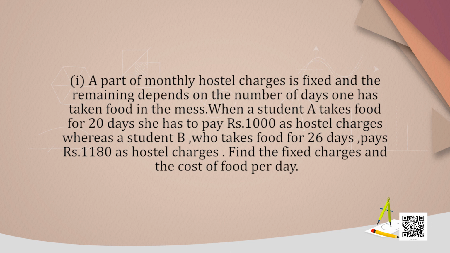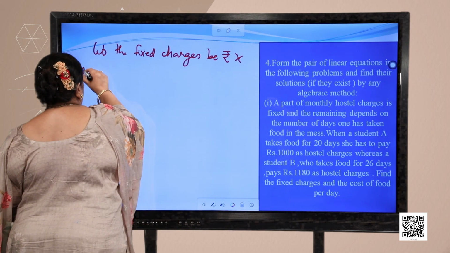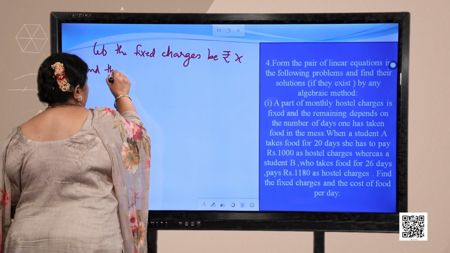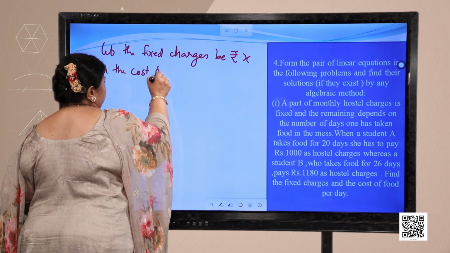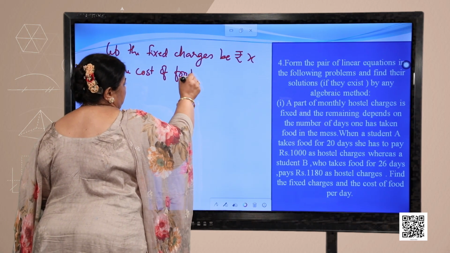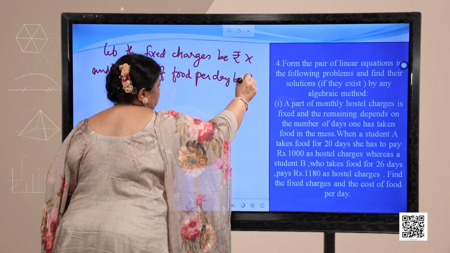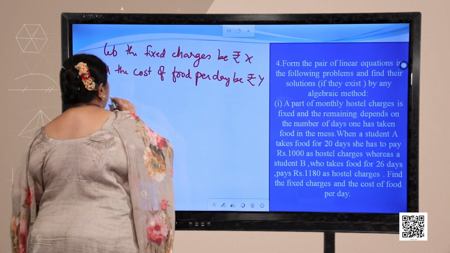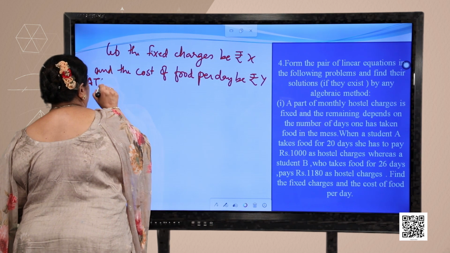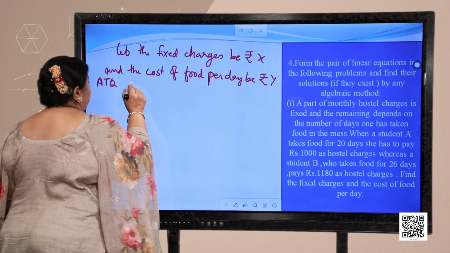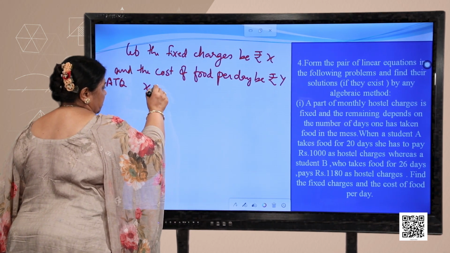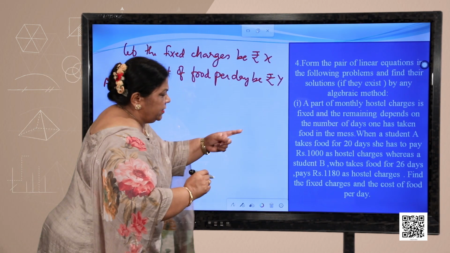So, let us involve two variables here. Let us take the fixed charges to be rupees x and the cost of food per day be rupees y. So, according to question, we have fixed charges plus how many days she has taken food.